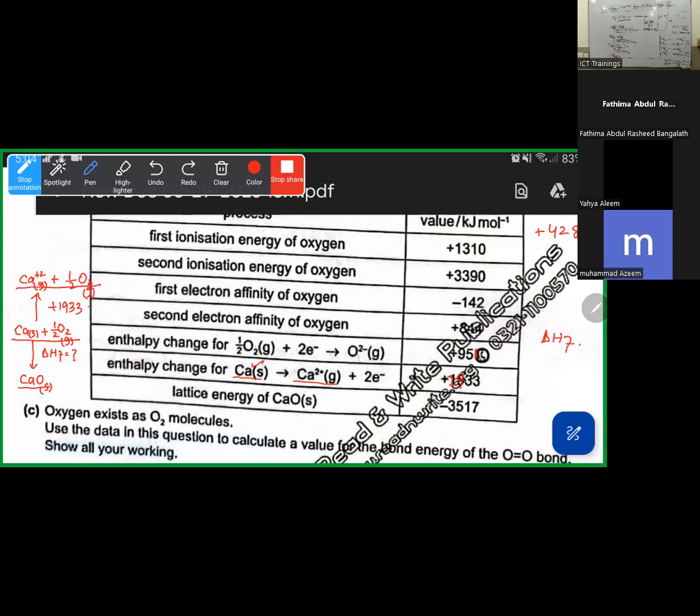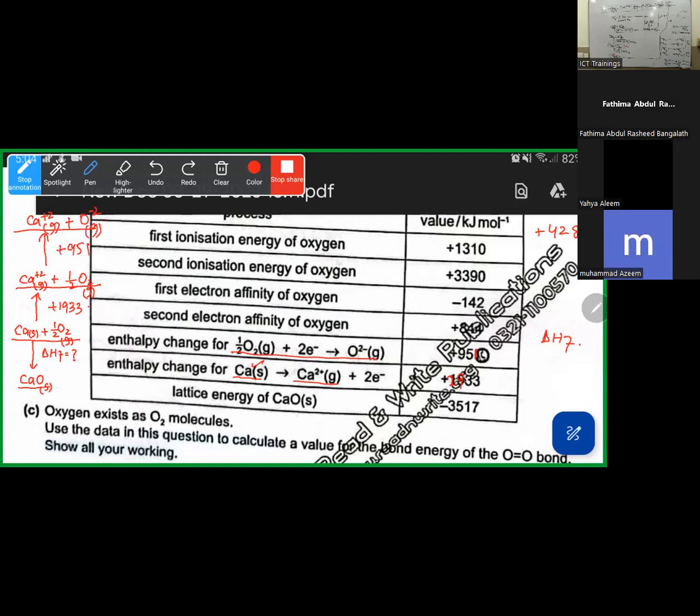And just like that, this equation is 951, so calcium 2+ gaseous plus O2- gaseous, plus 951.